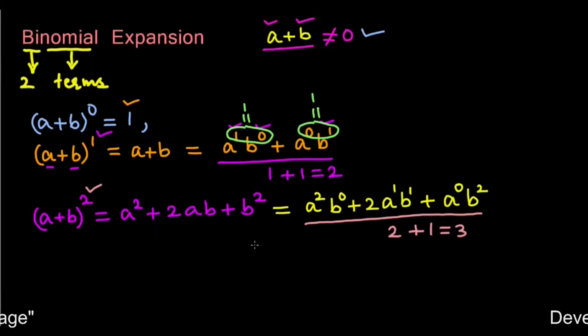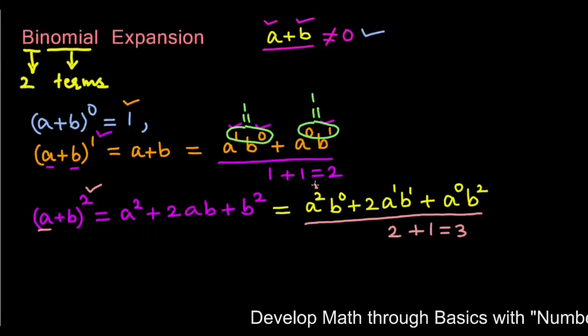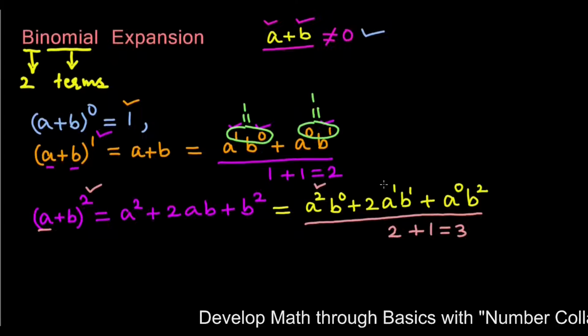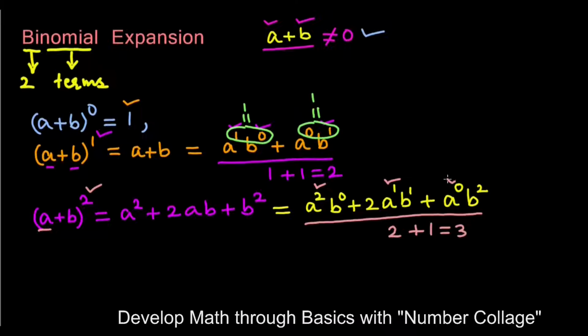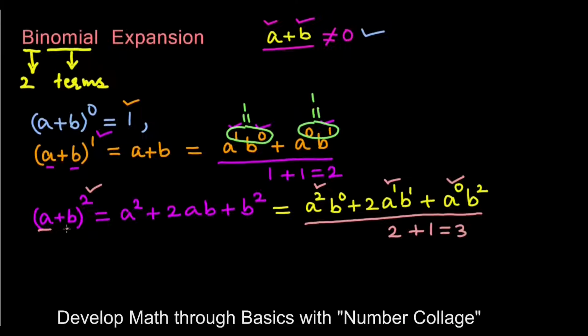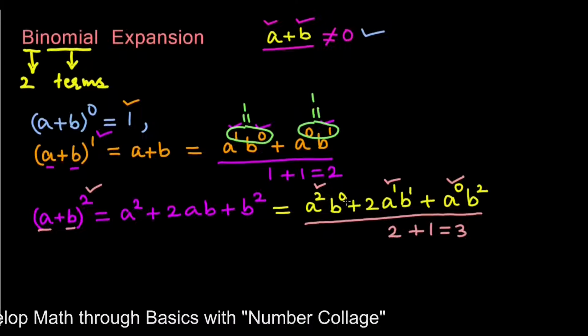Secondly, we observe that the power of the first term a goes on decreasing by 1 in each term. So in the first term, the power of a is 2. In the second term, it is 1. And in the third term, it is 0. On the contrary, the power of the second term b goes on increasing by 1 in each term.